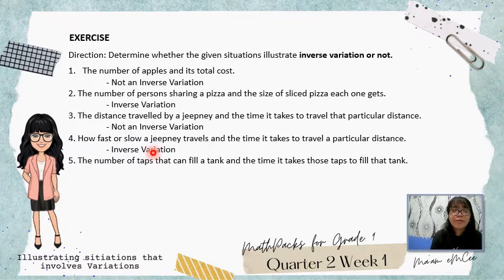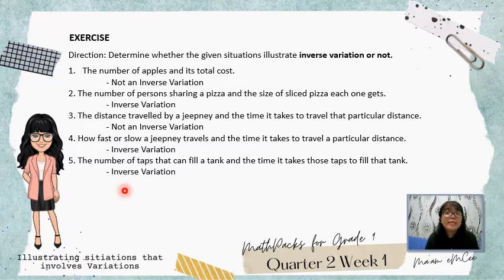And then for the last one, the number of taps that can fill a tank and the time it takes those taps to fill that tank. So for example, we are filling a tank with water. If we increase the number of taps that can fill a tank, do you think the time it will take those taps to fill that tank will also increase, or will it decrease? So of course, the more taps we have to fill a tank, the lesser time it will take them to fill the tank.